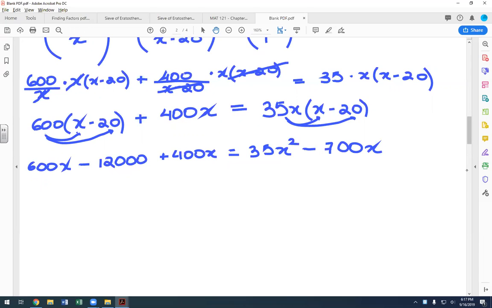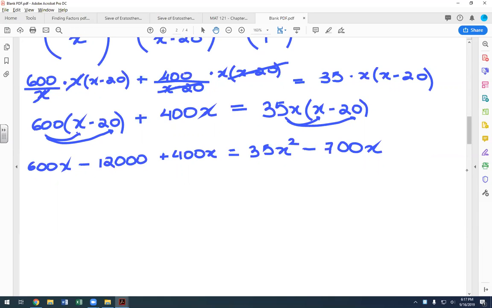Let's clean everything up. Let's bring everything to one side so that we do have that quadratic equation. Since on the right-hand side I have my 35x squared, if you want to keep it positive, then move everything to the right-hand side. If you don't care about making it negative, you can move those terms to the left-hand side. It's really not going to make a difference. I like my leading term to be positive, so I think I'm going to move everything to the right.